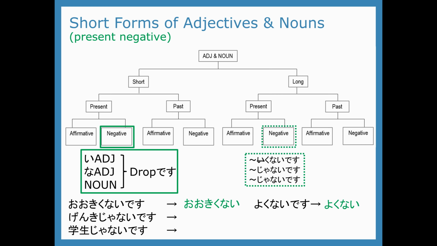If I have genki janai desu, the short form is genki janai. If I have gakusei janai desu, the short form is gakusei janai. So it's very simple and straightforward. All I have to do is drop desu. The only thing that's tricky is that I need to know how to make these negatives in the first place. So once again, you may want to review the adjective conjugations from chapter 5.